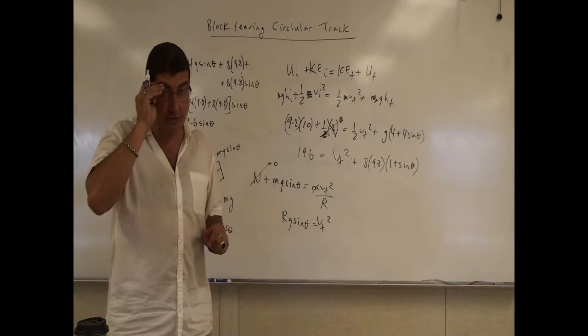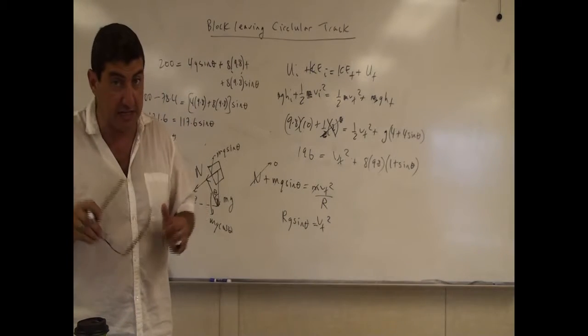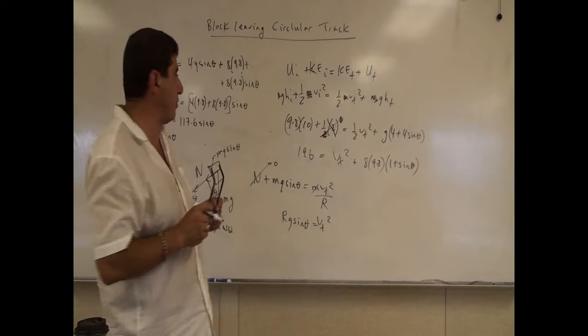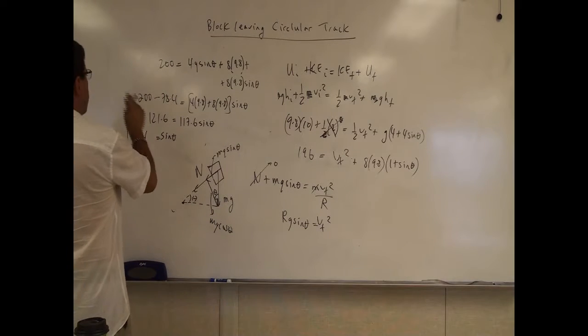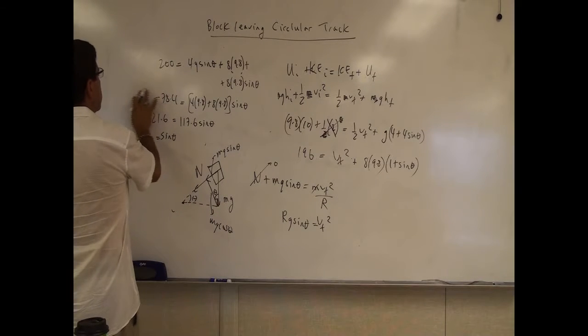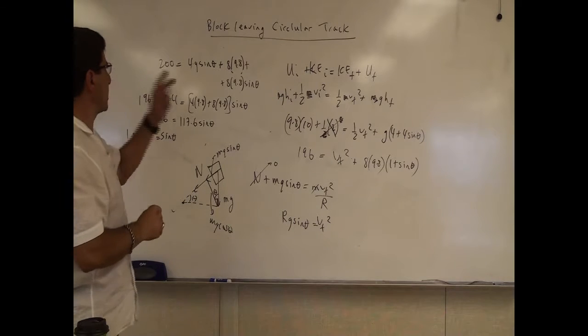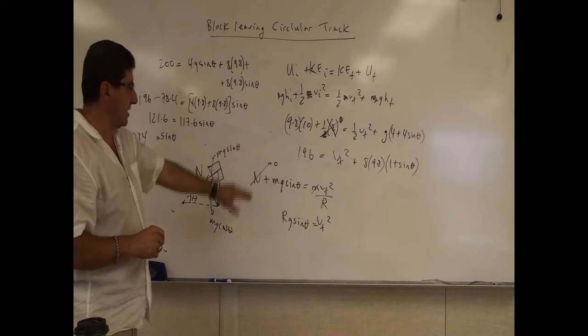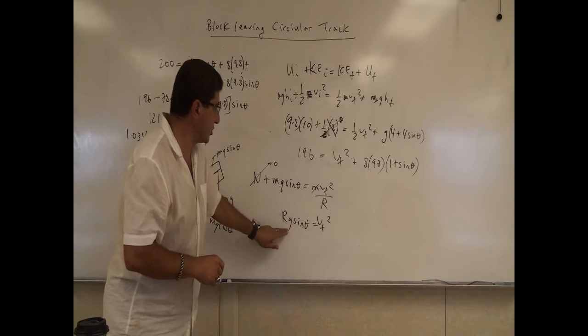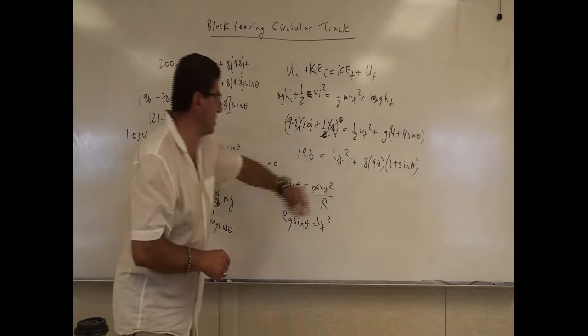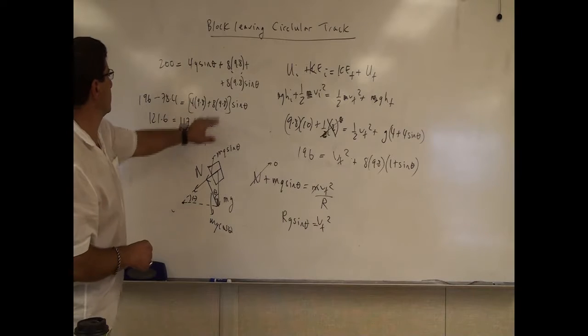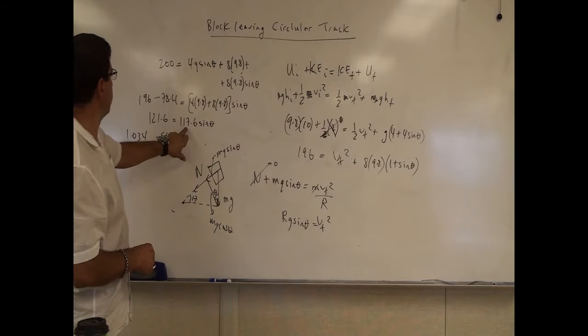So if the initial velocity was 0, let's see what's going to happen. Now it might actually fall off. If we have 196, what are we going to get? The rest of everything else stays the same. This v final squared equation stays the same. It goes in here, then it goes in there. This one stays 117.6.